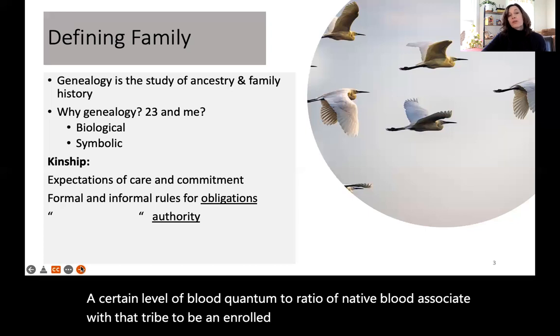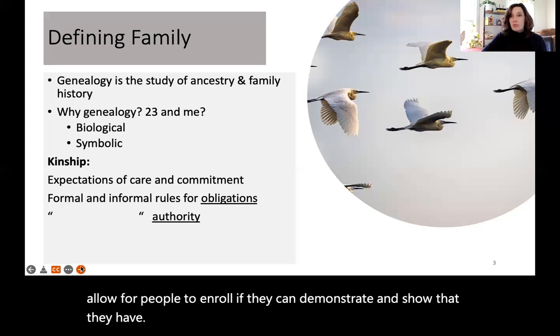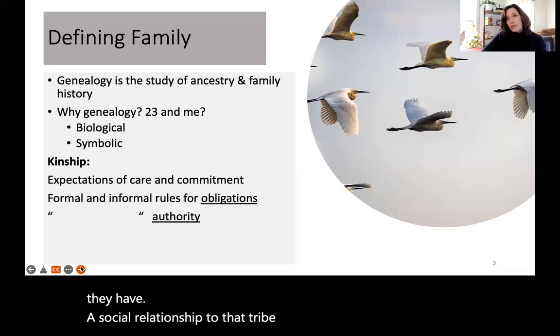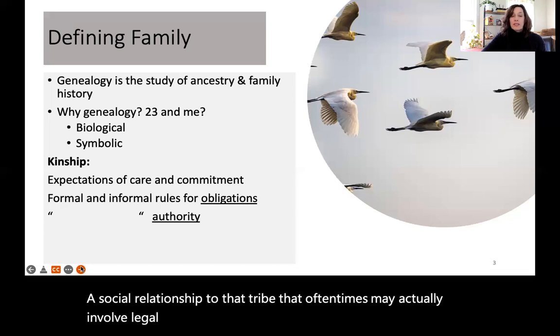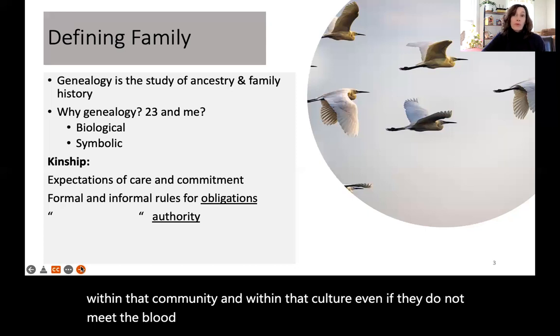Some, however, do allow people to enroll if they can demonstrate a social relationship to that tribe. That may involve legal marriage, but it can include growing up within that community and within that culture, even if they do not meet the blood quantum requirement.